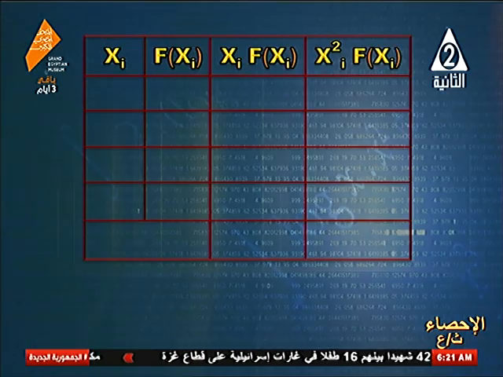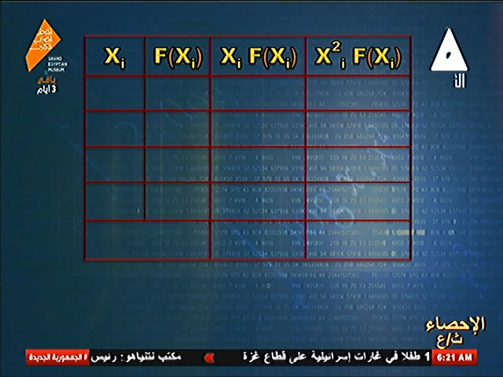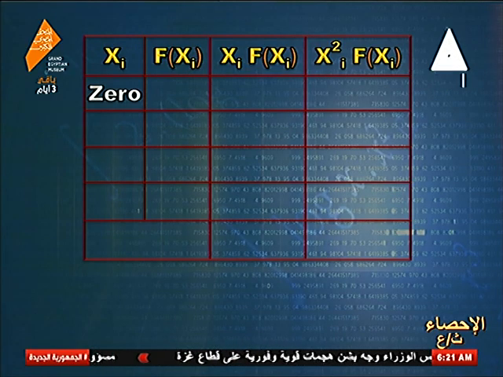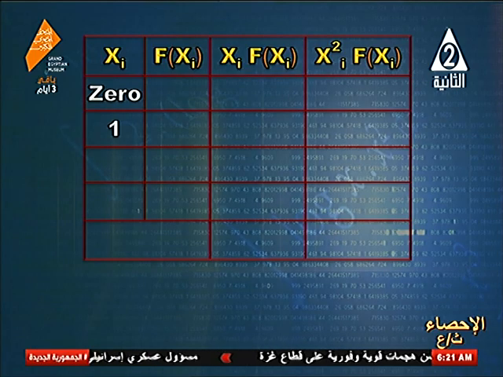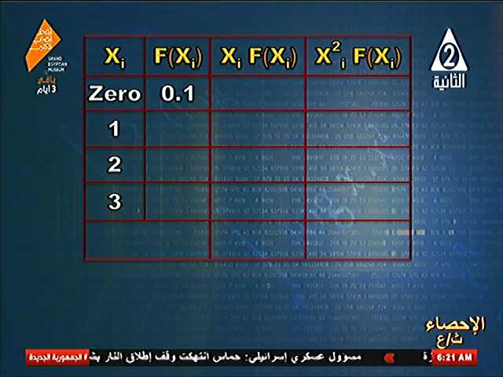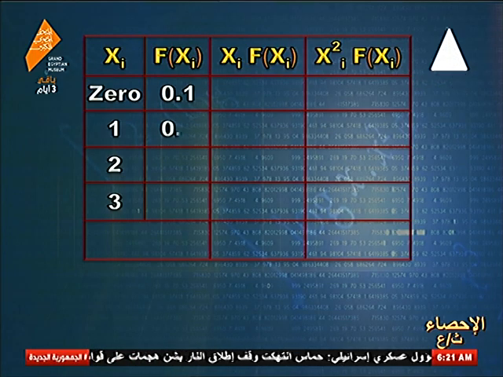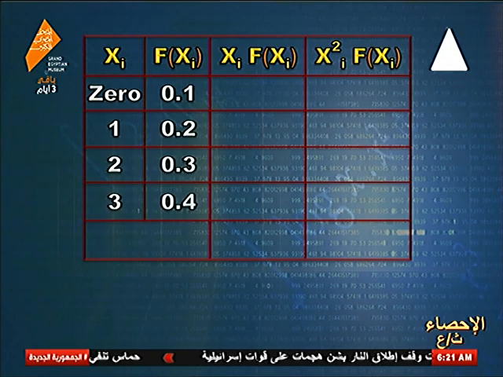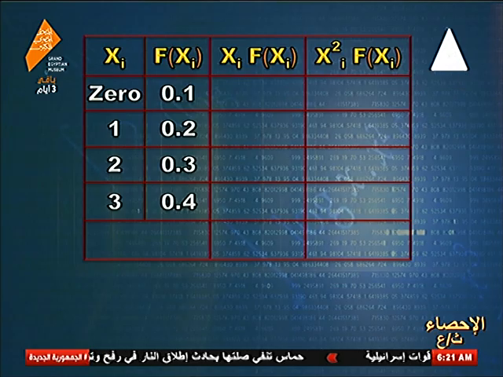At the first, we have 4 columns: xi, f of xi, xi multiply f of xi, xi square multiply f of xi. xi is 0, 1, 2, 3, f of xi from the table 0.1, 0.2, 0.3, 0.4.